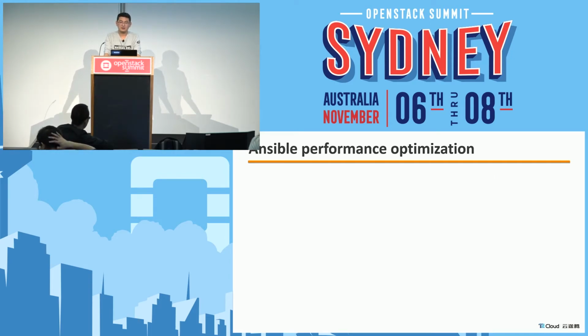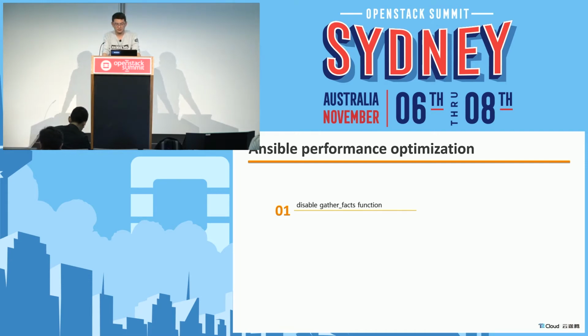As mentioned earlier, Ansible uses SSH to make connections to the remote nodes. Therefore, Ansible may work not so fast, but there's something that we can do to improve the execution speed of Ansible. The first one is to disable the gathering facts function.